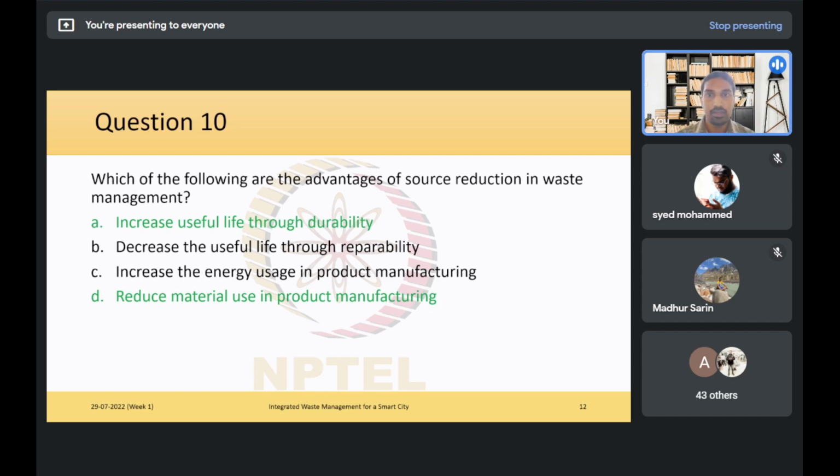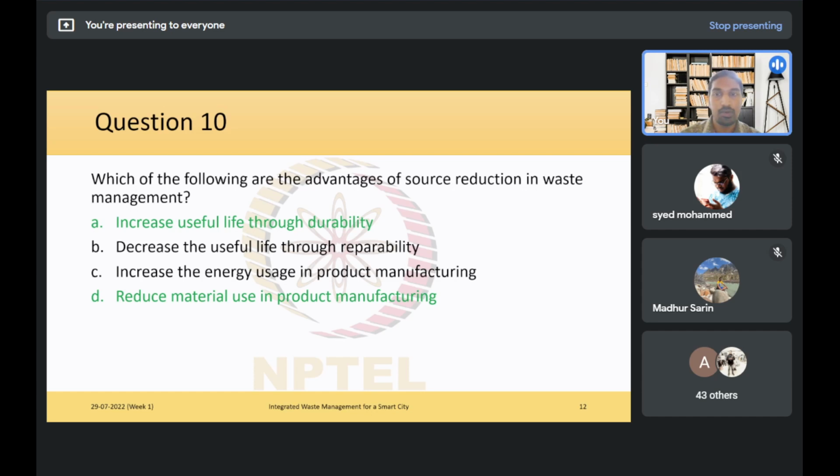By doing source reduction, we talked about this in one of the previous questions, right? One was to use lesser material, right? When we are producing the items, in terms of the packaging material, we talked about how it is not very useful, it doesn't have much value once its purpose is done, right?